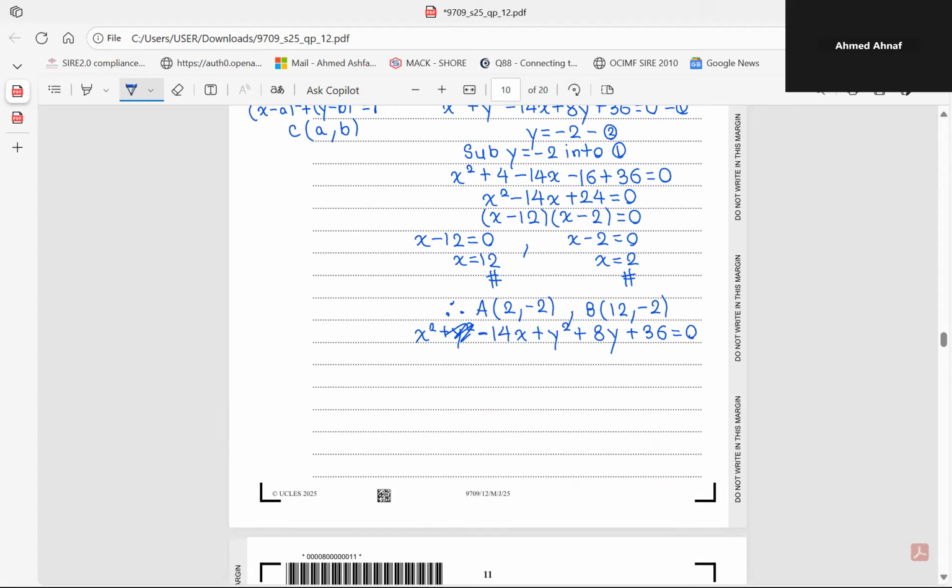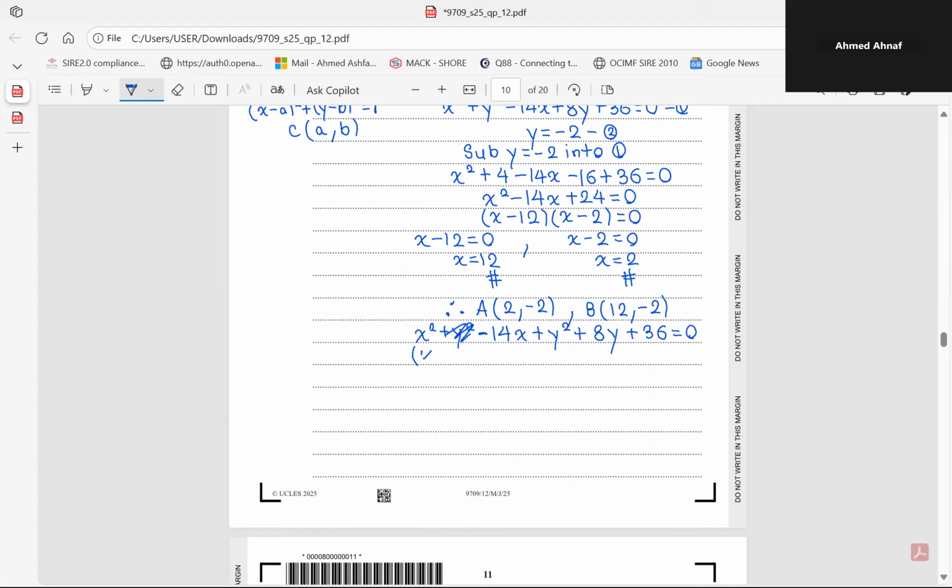Okay, so now to complete the square, let's complete the square for x separately and y separately. So in order to complete the square, the coefficient of x squared has to be 1. So in this case, it clearly is, so we can go ahead and start.